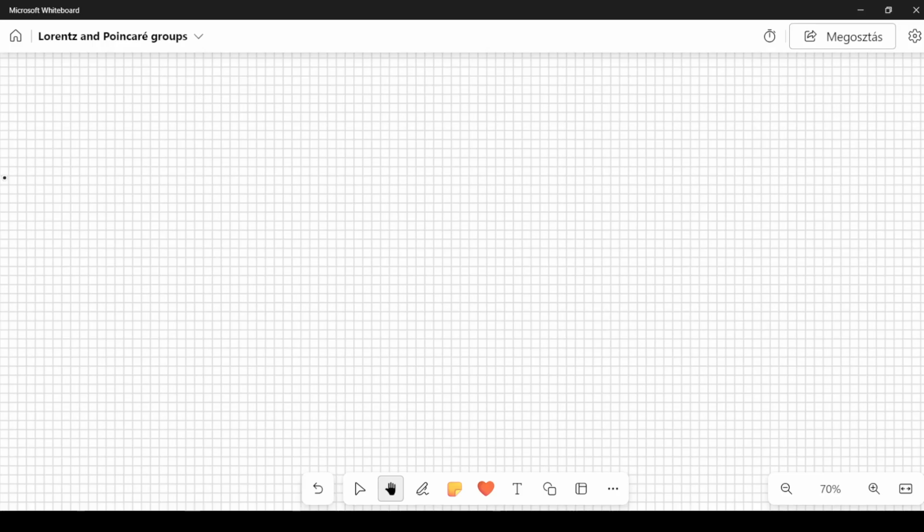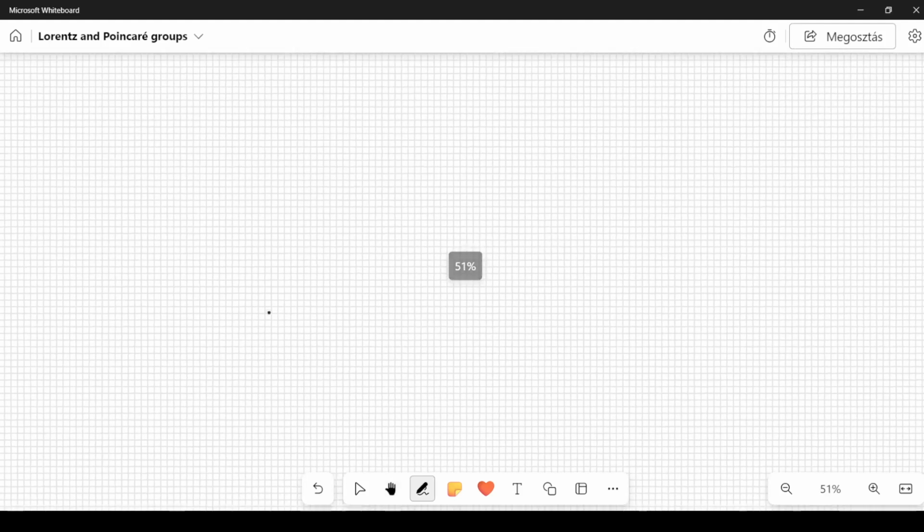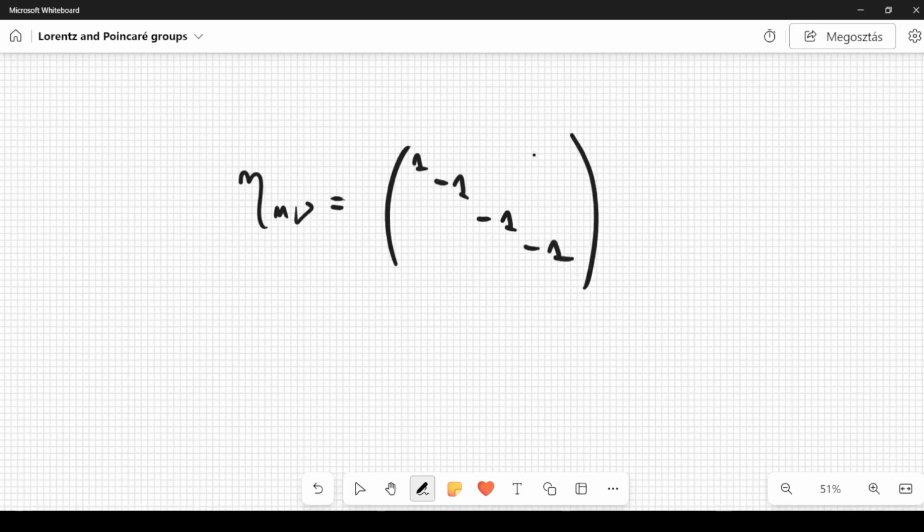Now, in Minkowski space, we have the metric tensor η_μν. Let me zoom out a little bit. η_μν is a diagonal tensor of the kind 1, -1, -1, -1 on the diagonal, and then we have a bunch of zeros outside of the diagonal.